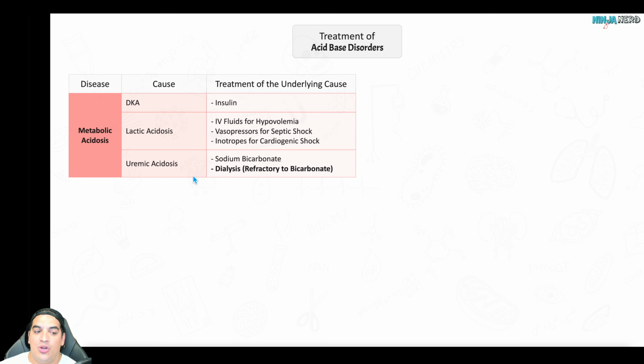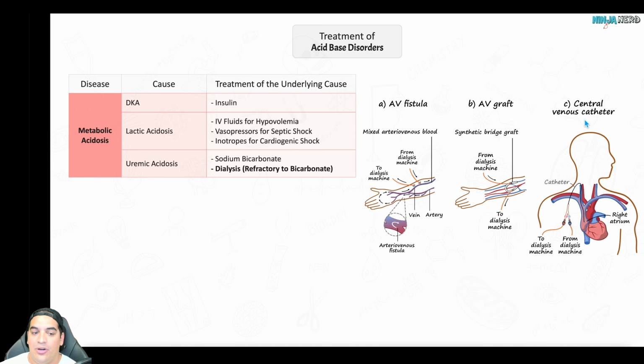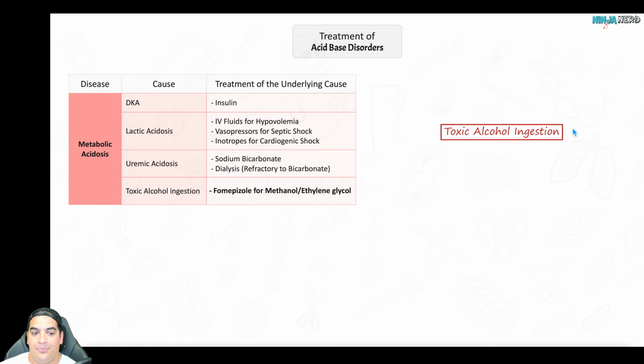In a patient who has uremic acidosis who you've given sodium bicarbonate and they still become refractory to that and maintain an acidosis, this is where I would obtain some type of access via a fistula, a graft, or a central venous catheter and perform dialysis to remove a lot of the excess acid.